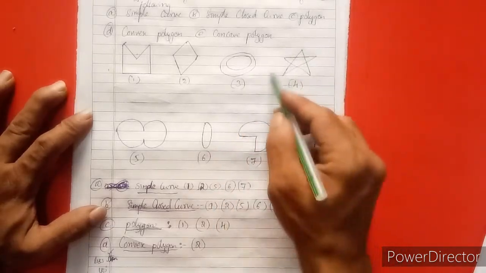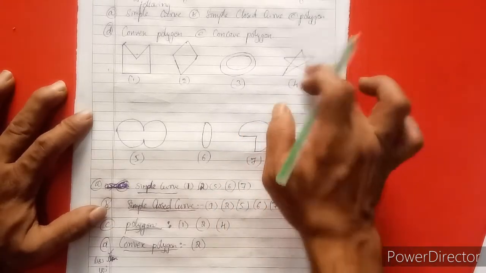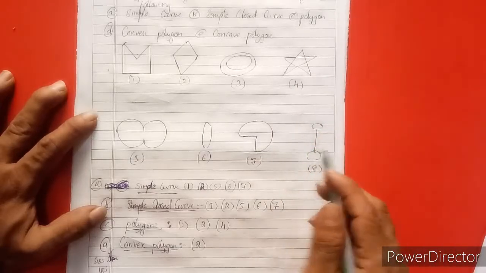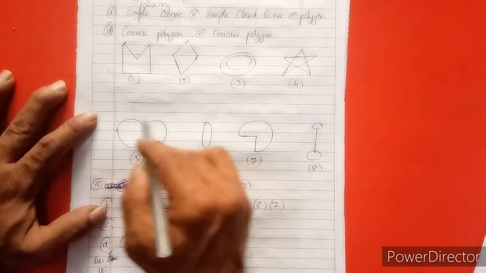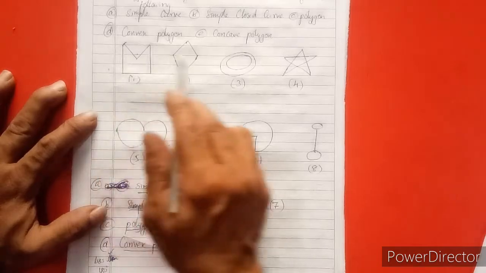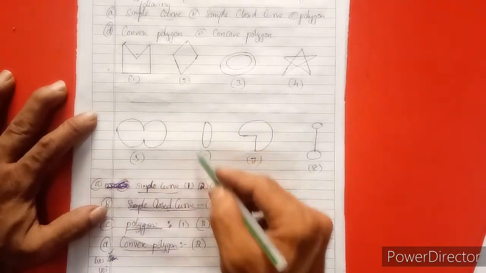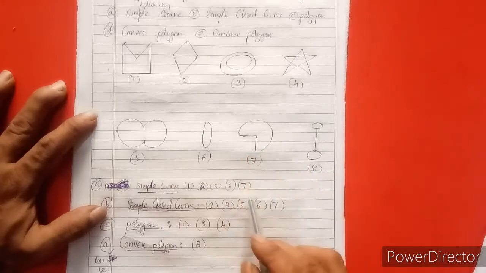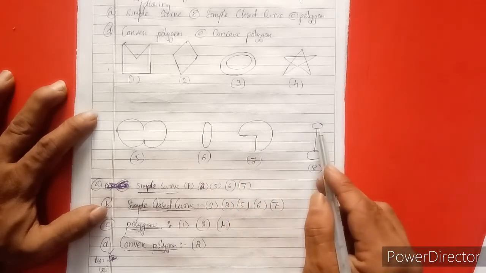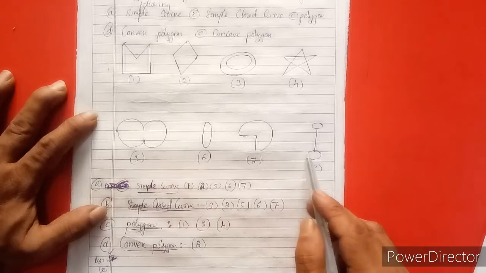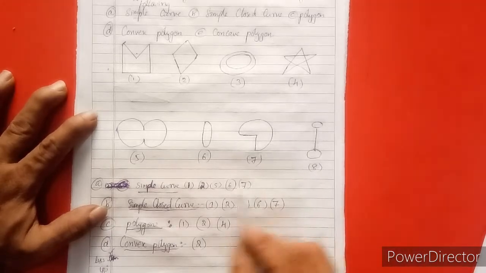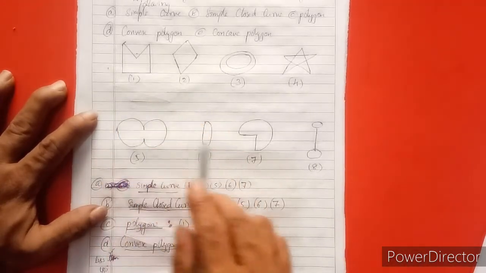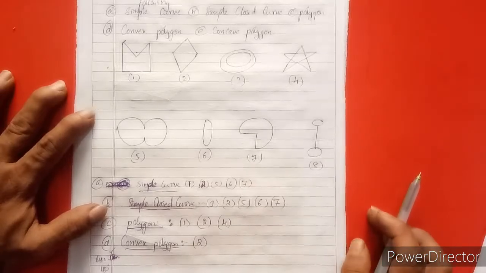This is a triangle and the star is not simple. And this is a very simple curve, right? First, second, fifth and sixth are also simple curves, and the seventh one is also simple. In the eighth one, we have to draw one circle and a line. This is not simple. So first, second, fifth, sixth, seventh, these are the simple curves.